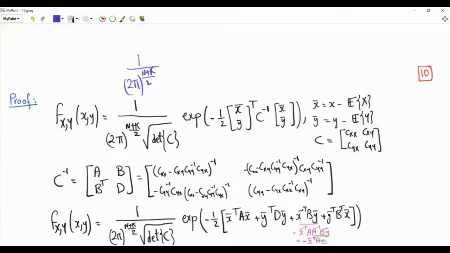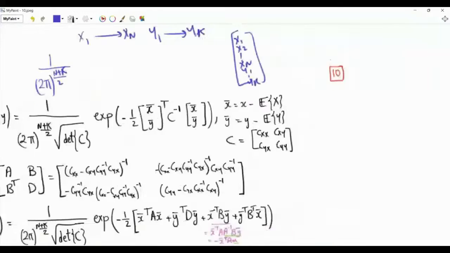Here we have n plus k: x1 to xn, and then y1 to yk. Then we put the determinant of the covariance matrix of the vector x1, x2 to xn, y1 to yk. So C is the covariance matrix of the whole collection of n plus k jointly Gaussian random variables.